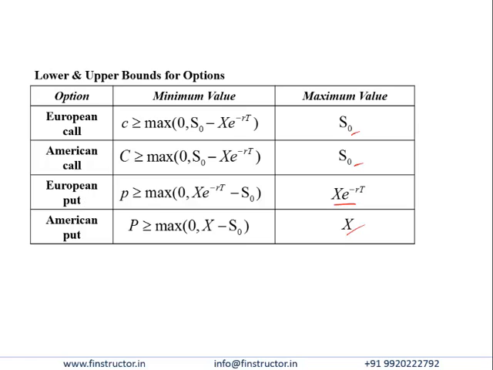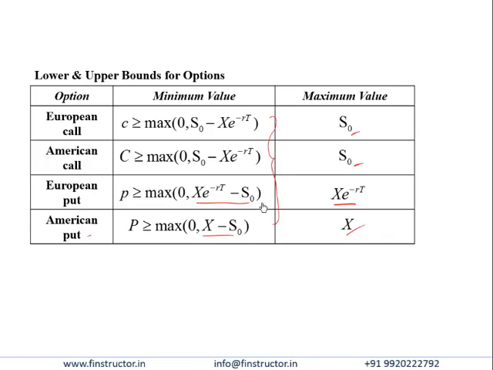And for a European put, this is what we just derived. Just remember, for an American put, the minimum value will be X minus S naught. That is how much it is in the money right now. So just try to memorize.